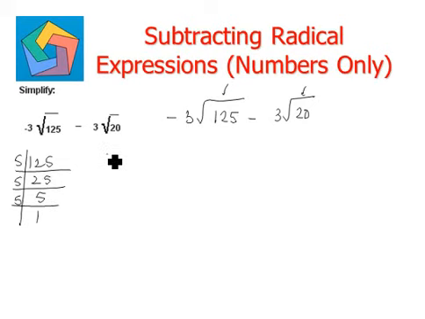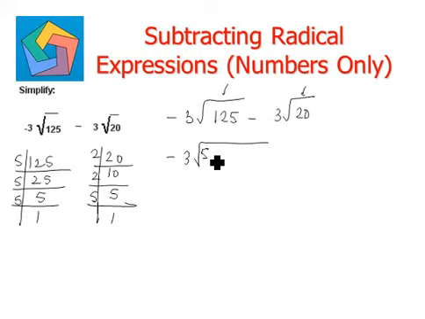For 20 we can start off with 2. 2 times 10. 2 times 5 is 10, and so on. So we list out the factors. Inside the radical we have 5 times 5 times 5, and 3 root of 20 can be written as 2 times 2 times 5. So we make a pair of 2.